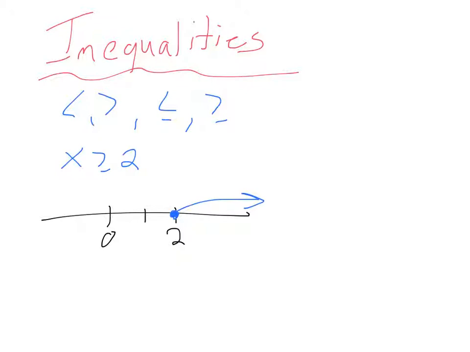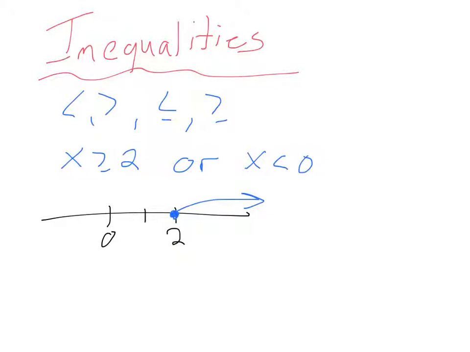Oftentimes we'll also have what we call combined or compound inequalities, which involve 2 or more inequalities that are linked by a special connecting word, which the word itself has an impact on the interpretation. So for instance, if x is greater than or equal to 2, or x is, let's say, less than 0 here. What if I add that or x is less than 0 part?